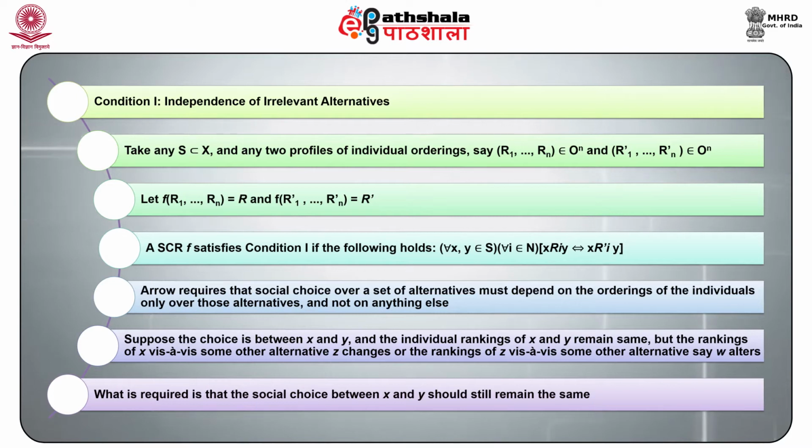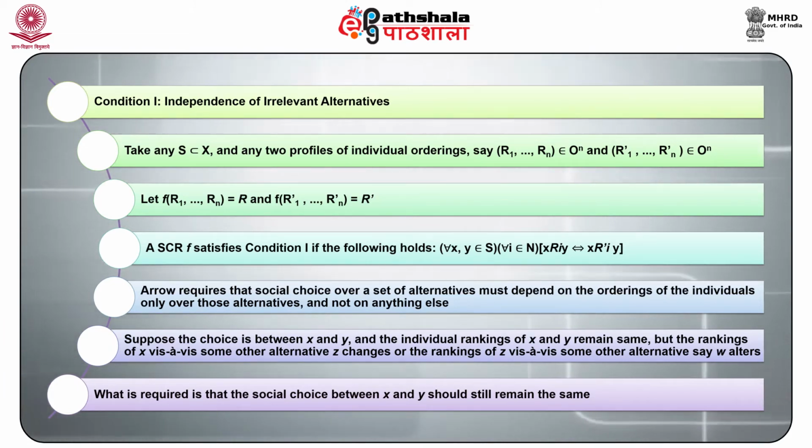Let f(R1 till Rn) be equal to R and f(R'1 till R'n) be equal to R'. A SCR f satisfies condition I if the following holds: for all x and y belonging to S and for all i belonging to N, x Ri y if and only if x R'i y, then x R y if and only if x R' y.